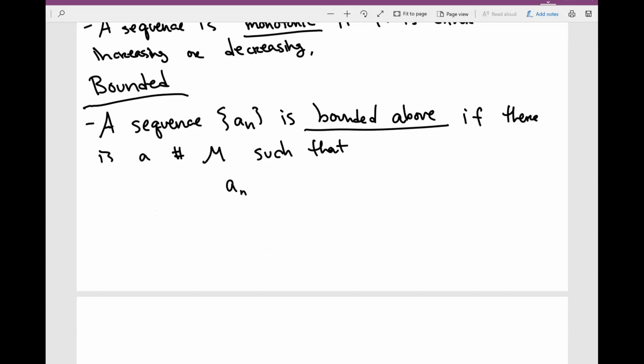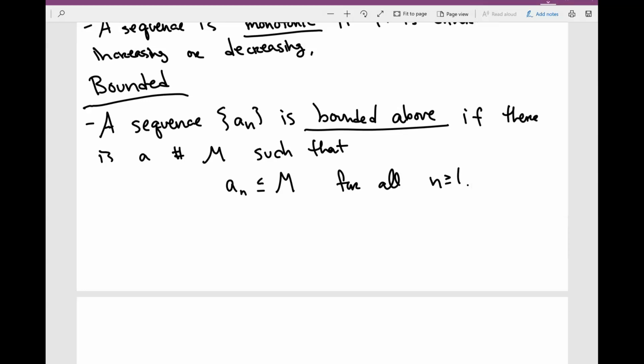A sub n is less than or equal to m for all n greater than or equal to 1. Okay? So a sequence a sub n is bounded above if there is a number m such that all of the a sub n's are less than or equal to m.